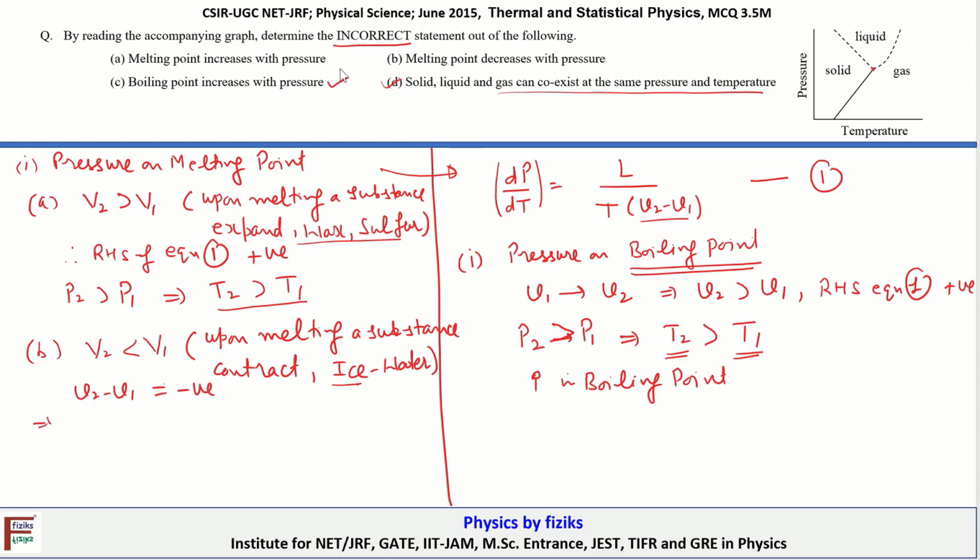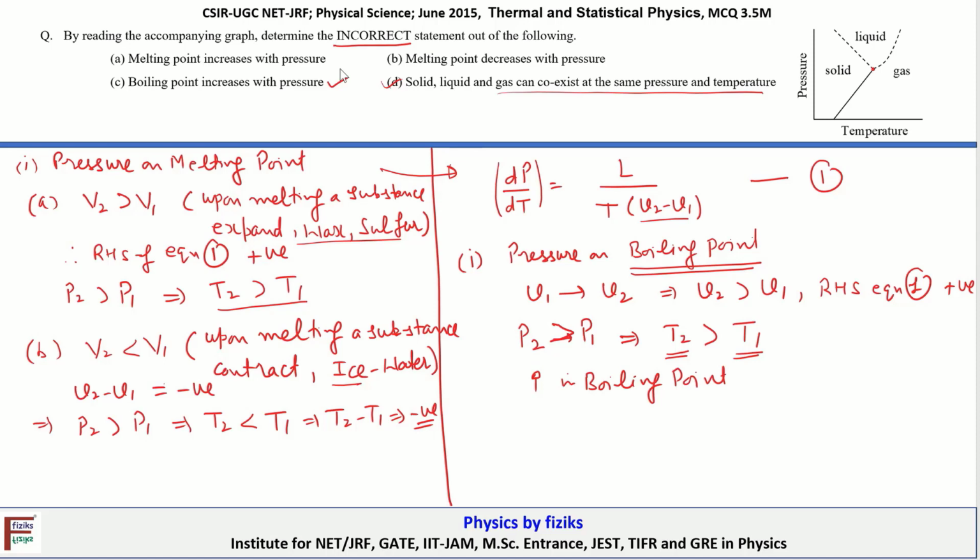So this means when there is an increase in pressure, when P2 is larger than P1, this implies T2 will be smaller than T1, so that T2 minus T1 becomes a negative quantity. So with an increase in pressure, the melting point reduces for the substance which contracts upon melting.